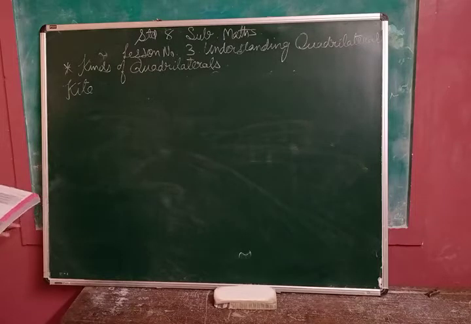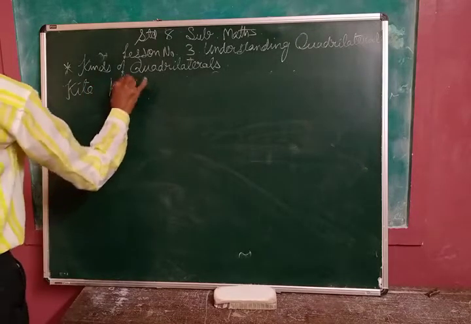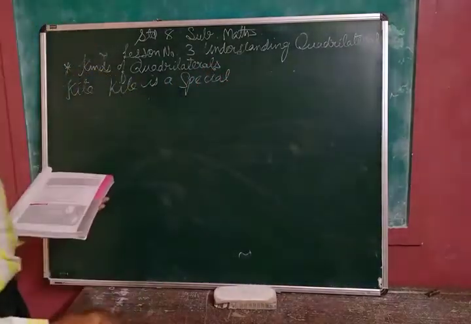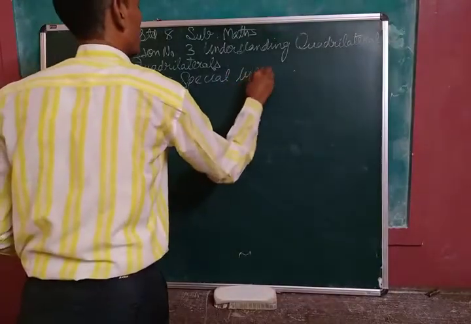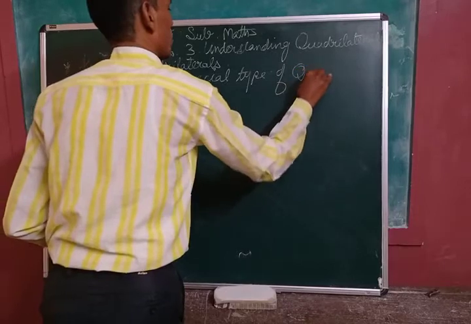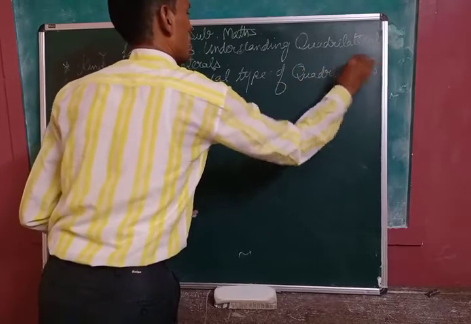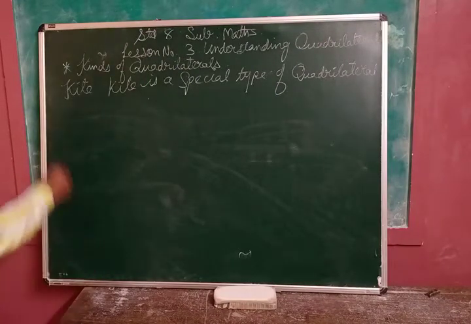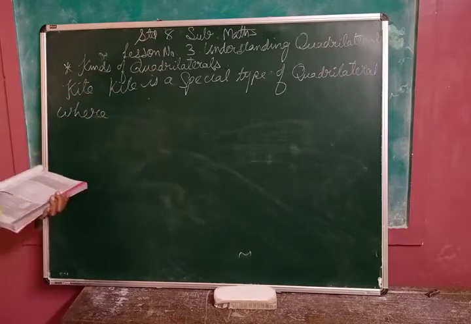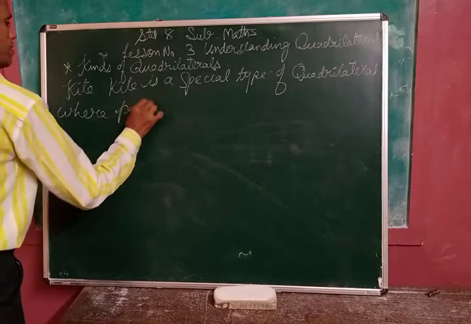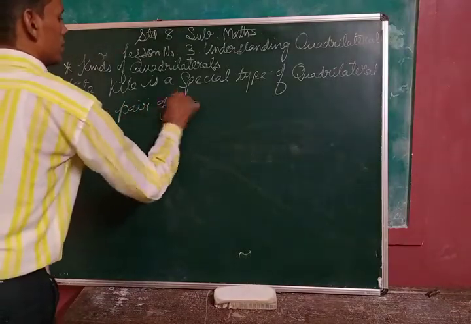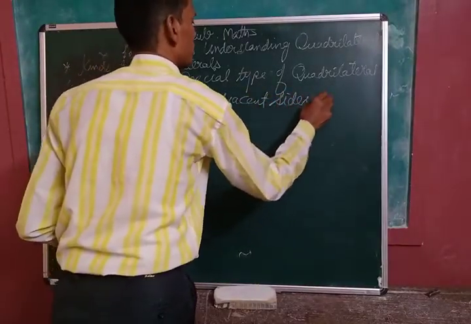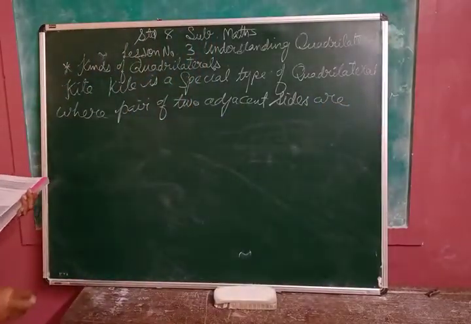Kite is a special kind of quadrilateral where two pairs of adjacent sides are equal.